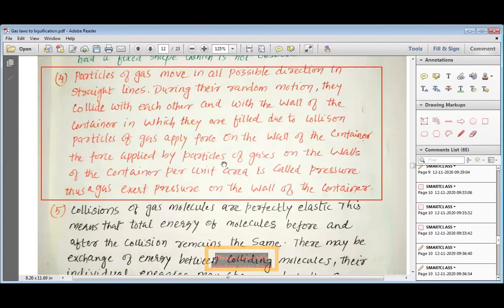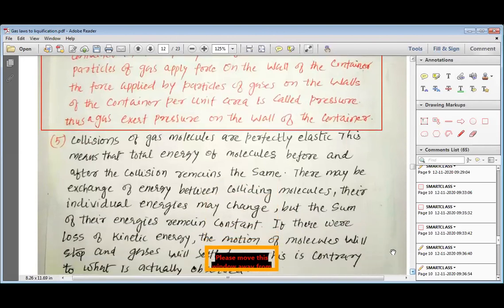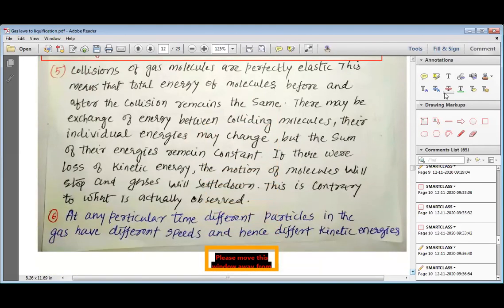The force applied by particles of gases on the wall of the container per unit area is called pressure, and thus gases exert pressure on the wall of the container. This is what we have studied in 9th standard even, my dear students, and we can simply say in one word that gases exert pressure on the wall of the container in which they are filled.